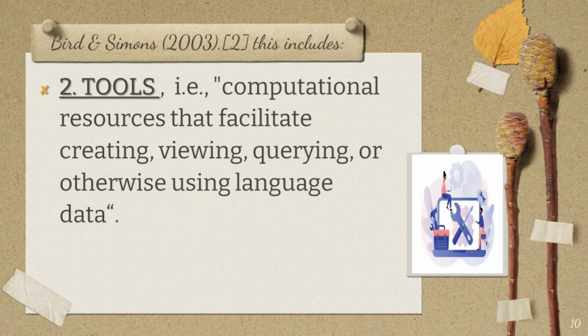Language resource includes tools. For example, computational resources that facilitate creating, viewing, querying, or otherwise using language data. These language tools are applications that support linguistic research. This includes lexical units, syntax, and semantics.